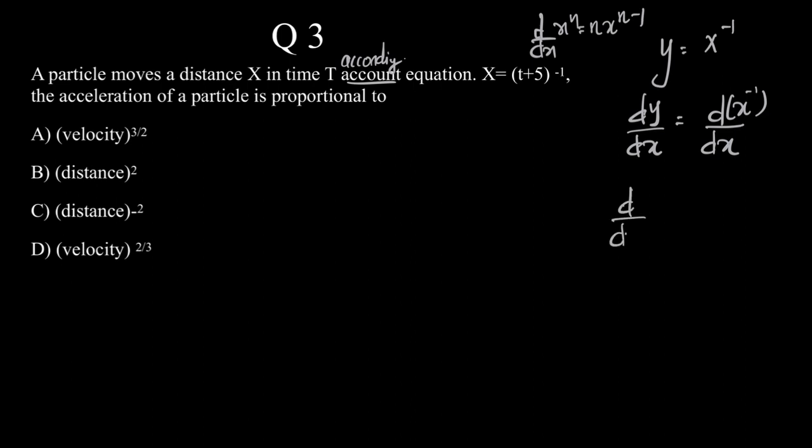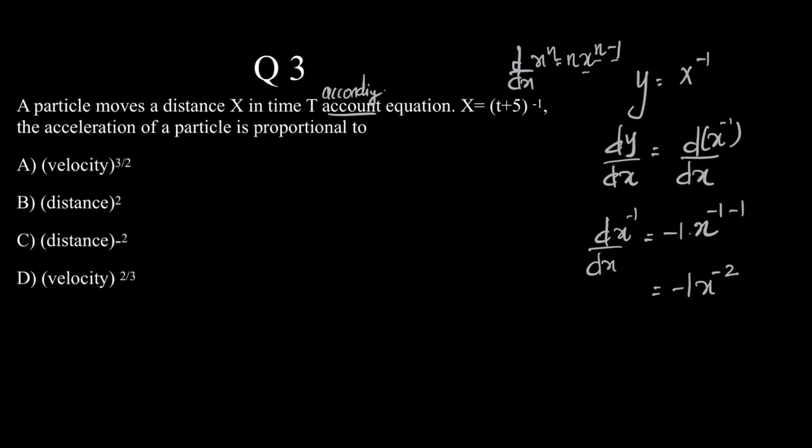So d by dx of x to the power minus 1 will be equal to minus 1 into x raised to n minus 1. What is n here? Minus 1. So this becomes minus 1 x to the power minus 2.